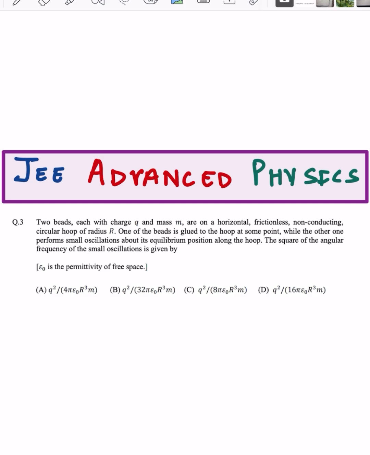Whenever you're solving a problem, you want to have a mental picture of what you need to do or what kind of information there is, so you can start visualizing or having some kind of strategy. If I look at this problem, they have the same charge, so there's going to be a repulsive Coulomb force, and the question is asking about the small oscillation. So this is a simple harmonic problem, and it's talking about oscillation on a loop.